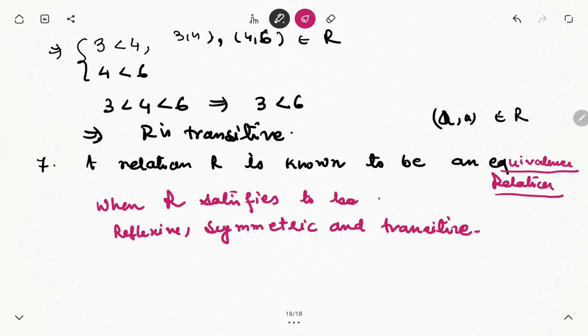To check whether R is an equivalence relation or not, you have to first check: is it reflexive, is it symmetric, and is it transitive?